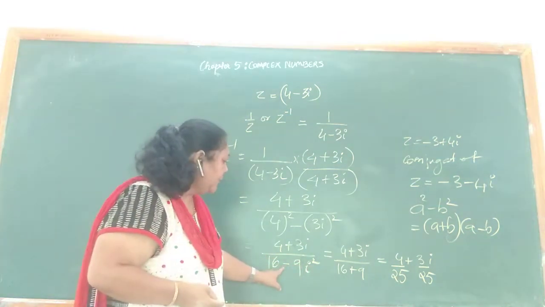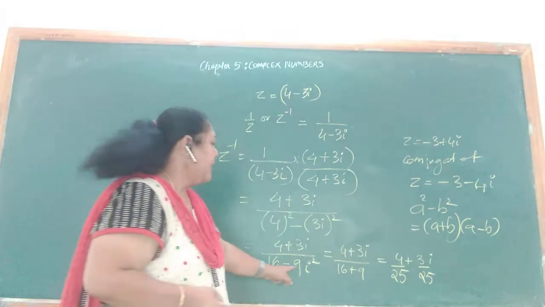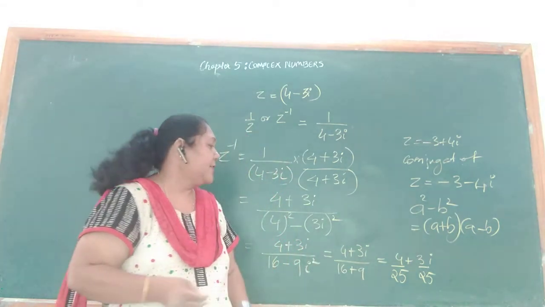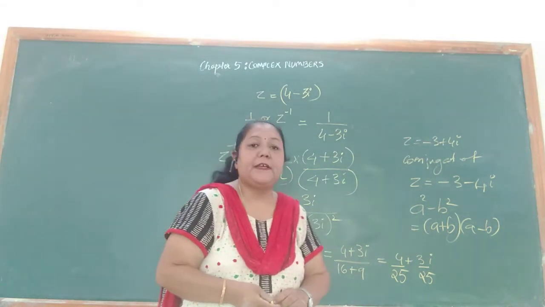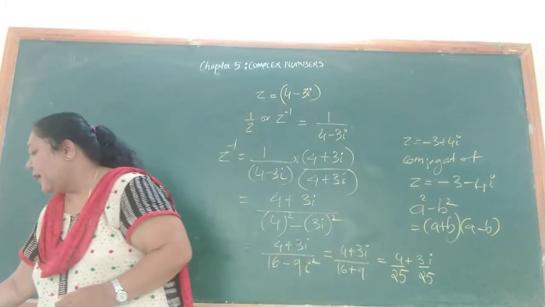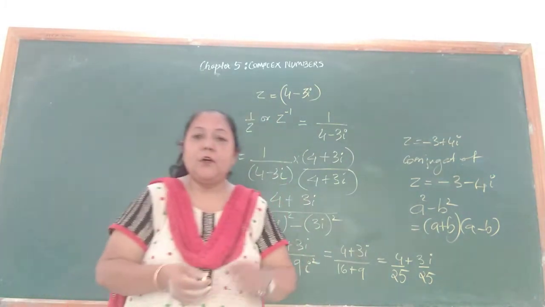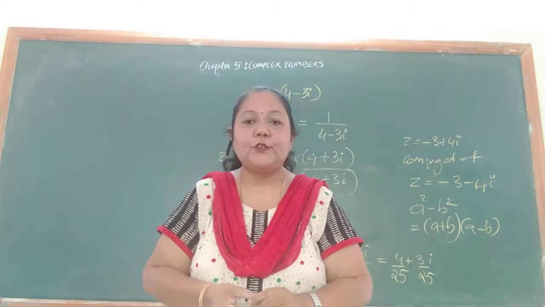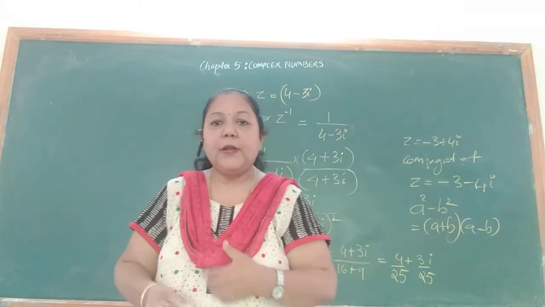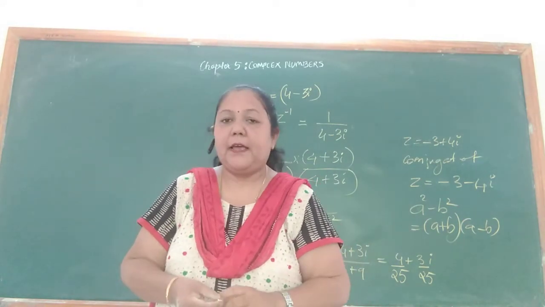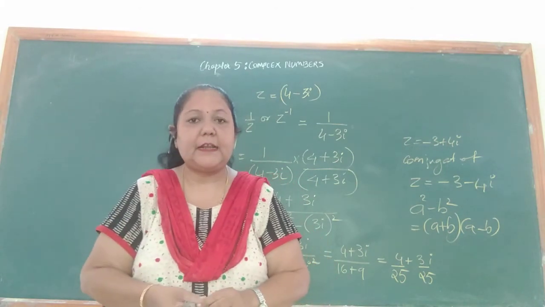So minus 1 into this minus sign is plus, and therefore 16 plus 9 is 25, and therefore you put it as 4/25 plus 3/25 i, and that's all. And now one or two similar questions are there, which you can also try out. One more I shall do, and one you can try to solve, and we can discuss it in the next class, right?